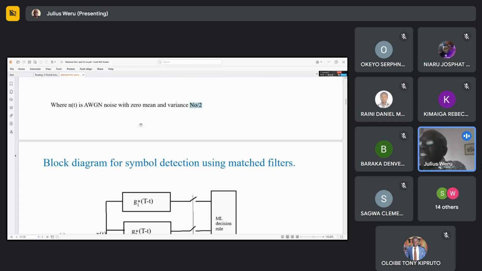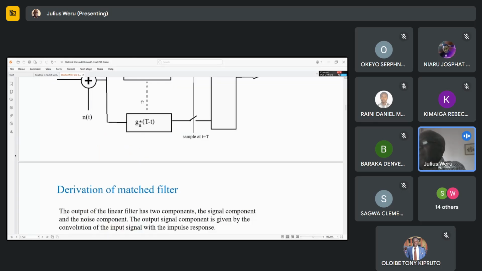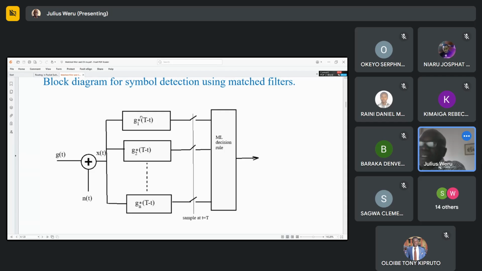So in most cases it will just be one matched filter and not a bank of filters. This one is assuming that the symbol could be many symbols, but in the case of baseband signaling, this is likely to be just one.